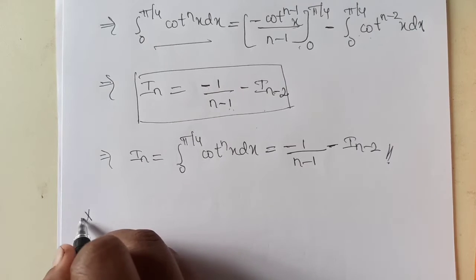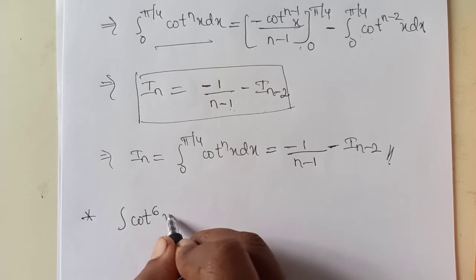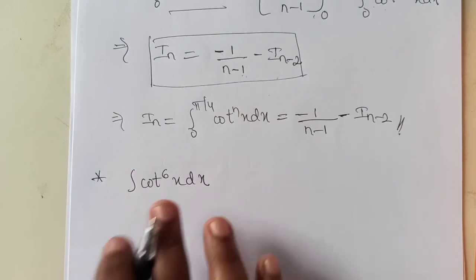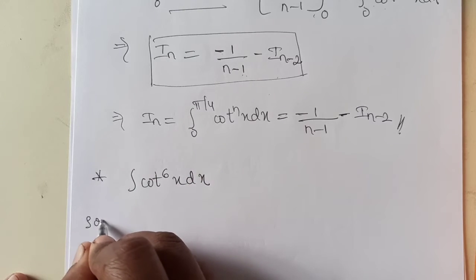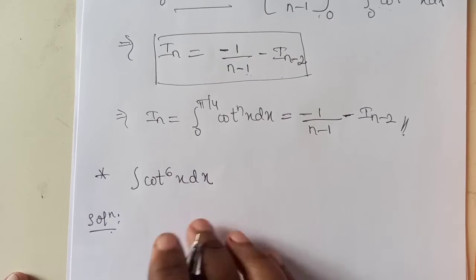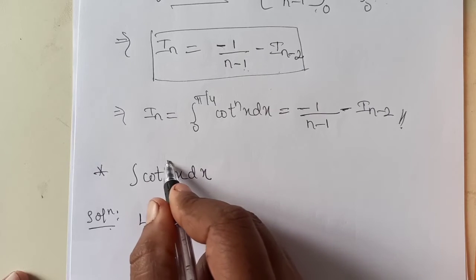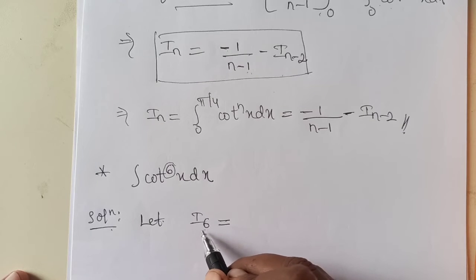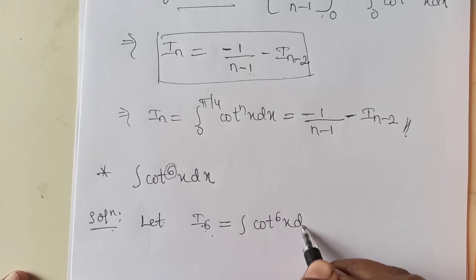First one is integral cot power 6x dx. This is an indefinite integral, that means we don't have limits here. So this can be solved by using the reduction formula. Since here the n value is 6, we consider I_6 equals integral cot power 6x dx.